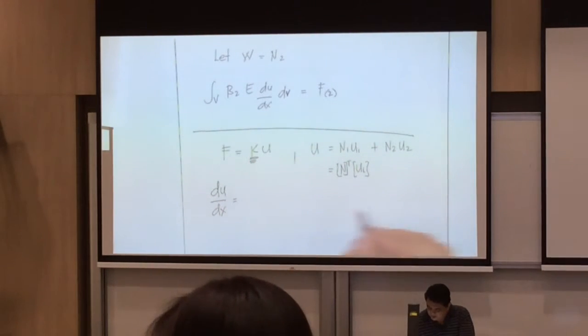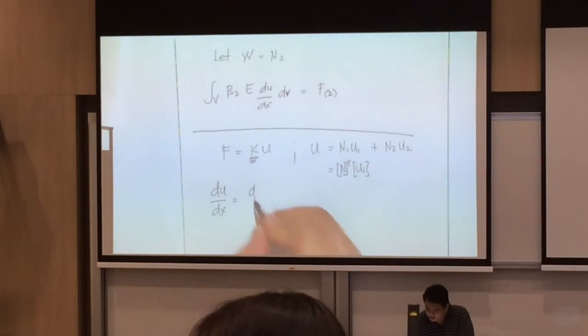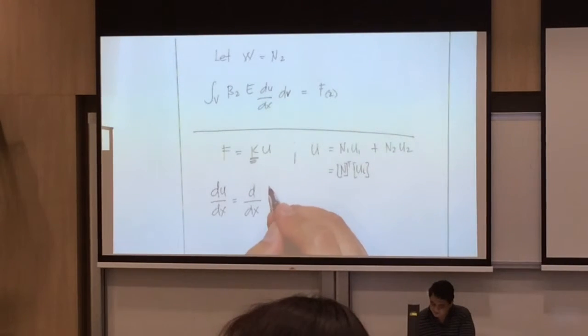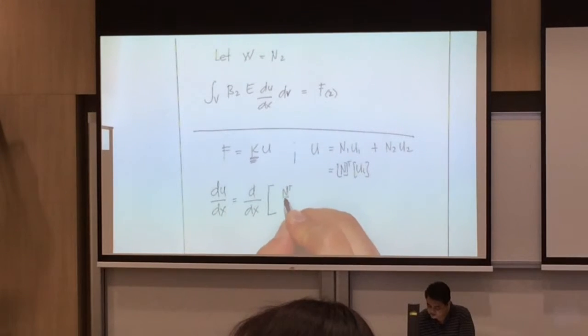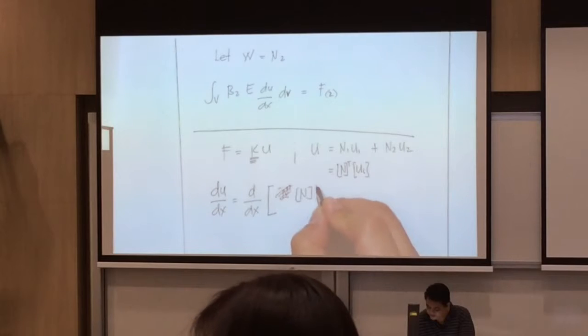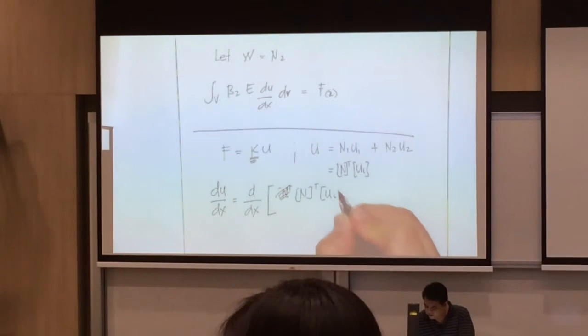So d dx. So that will be N transpose, shape function transpose and then your UI.